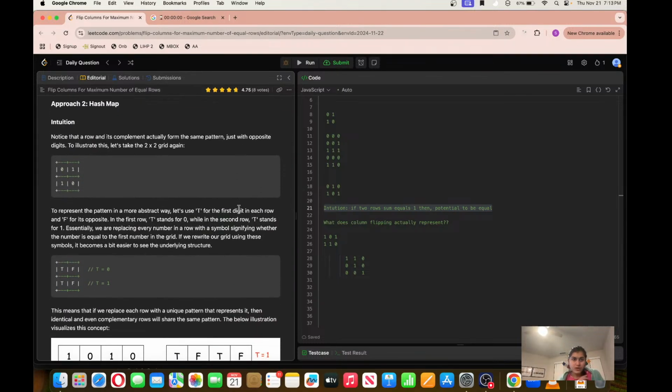Approach two is a hash map. The intuition is to notice that a row and its complement form the same pattern, just with opposite digits.